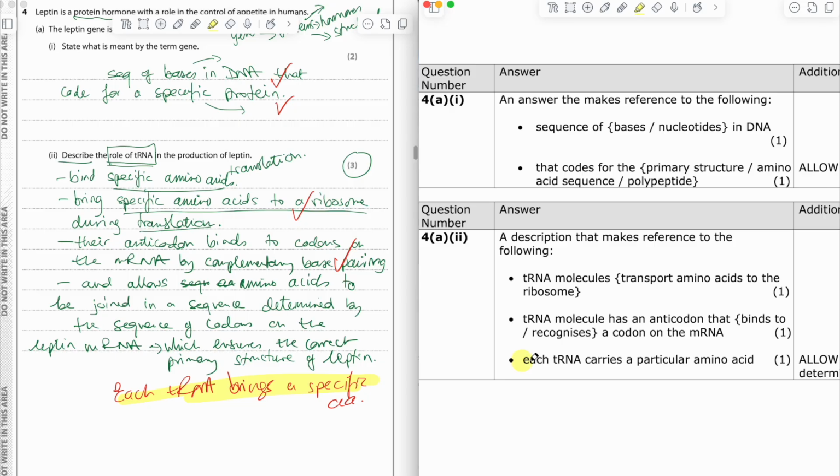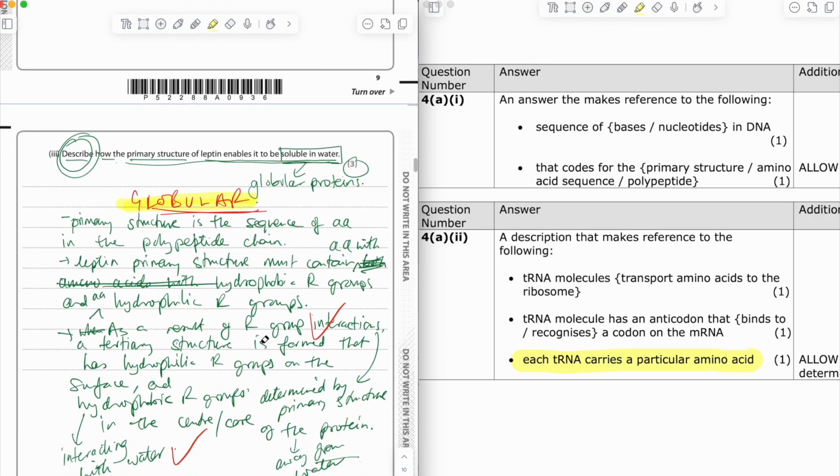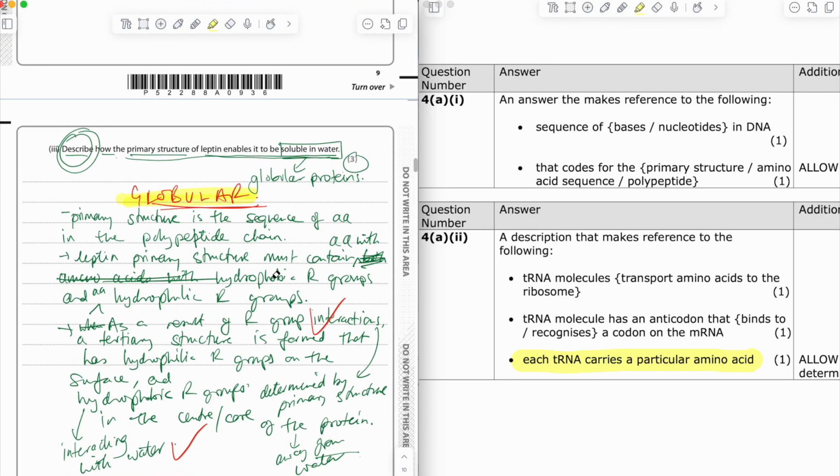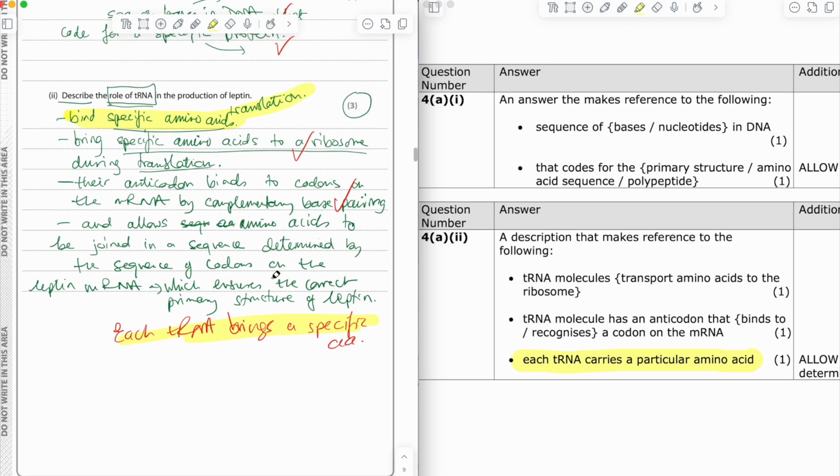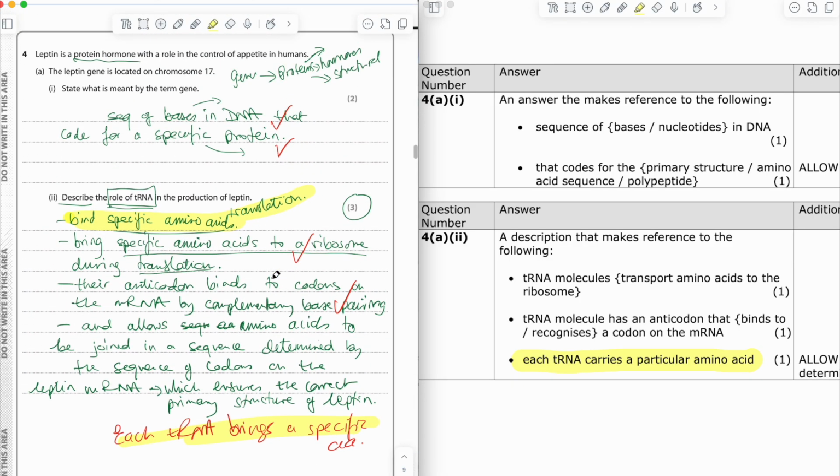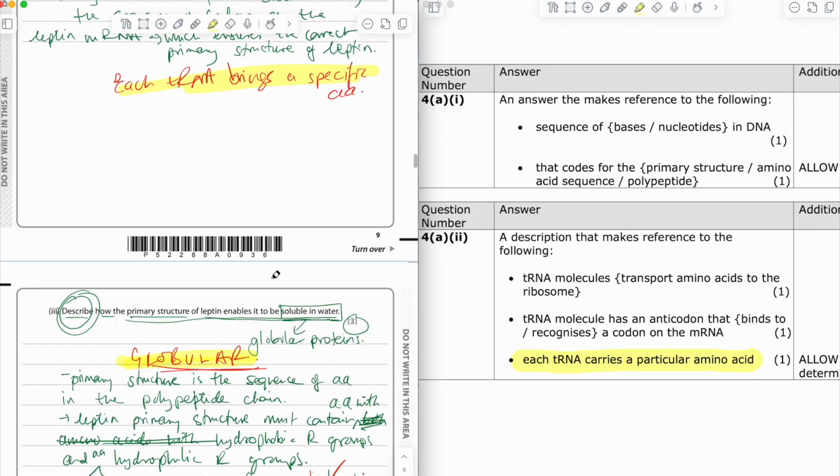But yeah, I didn't say each tRNA carries a particular amino acid. I did say they bind specific amino acids, but maybe I didn't say that each tRNA carries a particular amino acid. So, okay, missed that mark. Fair enough. And it is an important part of what tRNA are doing.